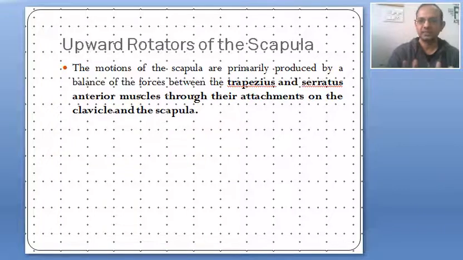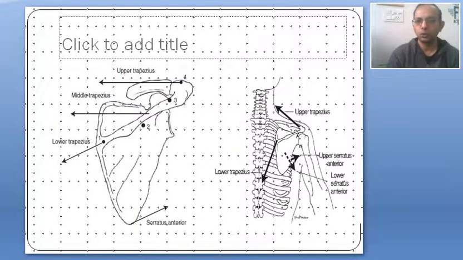For understanding this concept, we need to know certain groups of muscles which are present around our scapular region. The most important is the trapezius, which has three groups of muscles, or you can say three bands of muscles. Upper traps, middle traps, and lower traps are present. Along with that, there is another muscle which is called the serratus anterior muscle.